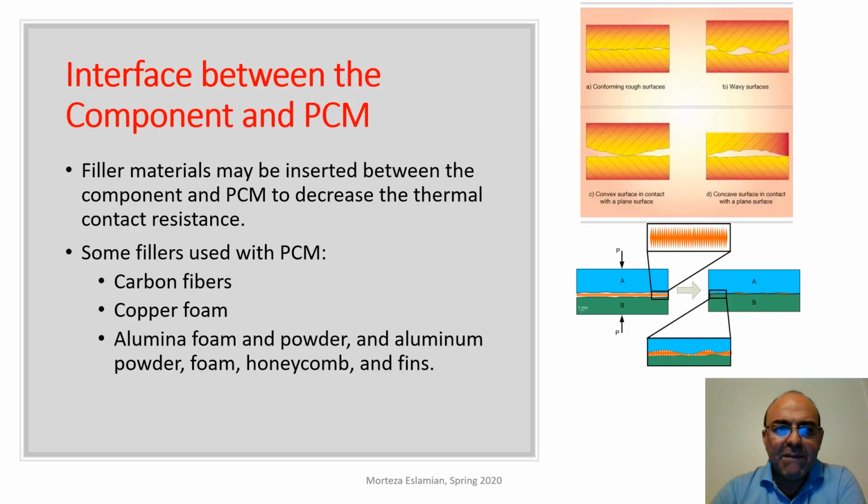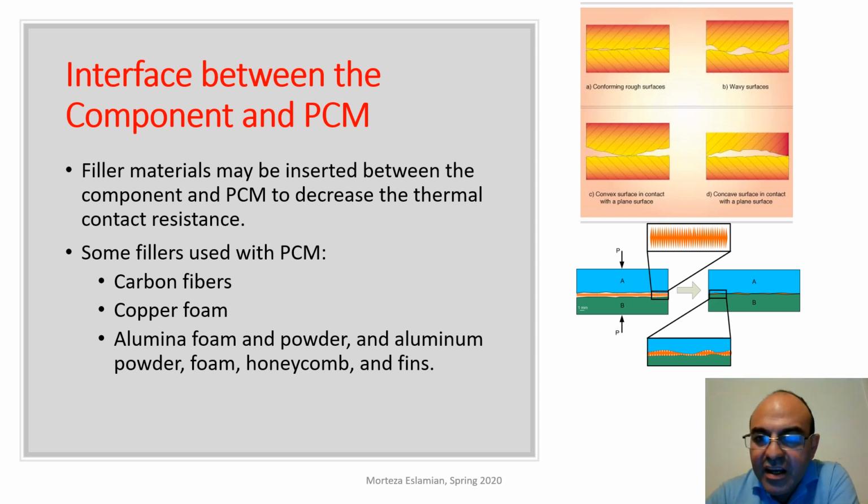And here it is worth mentioning the interface between the components and the PCM. Whenever we want to connect two solid surfaces, because of the roughness between the surfaces, there are many micro and nano-sized gaps between them, and these gaps hinder the heat transfer rate.